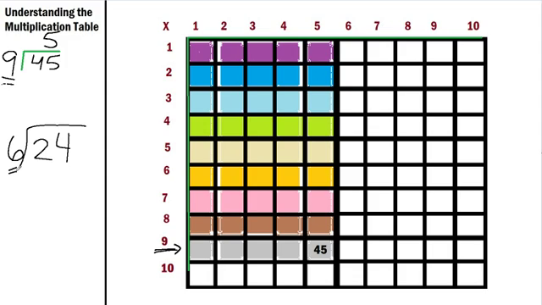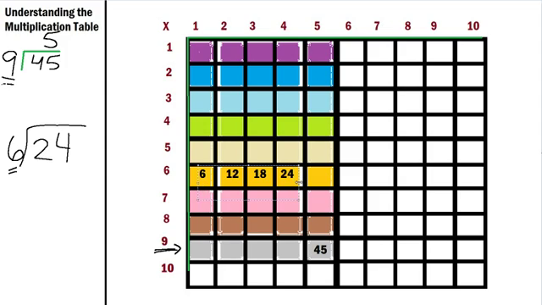I'm going to look here. There's my 6, and I'm going to follow it over until I get to 24. So I would have 6, 12 in this box, 18 in this box, and if I go over, I would have 24 in this box.